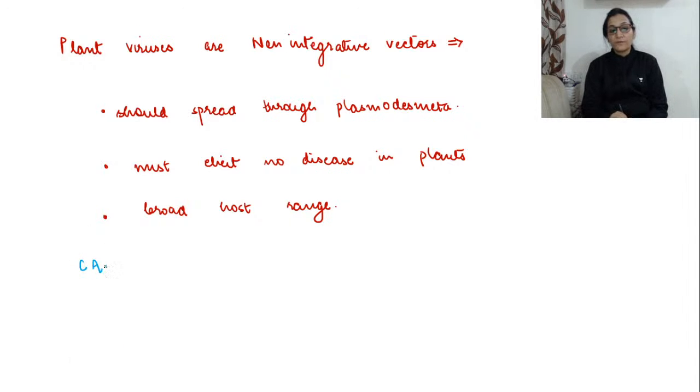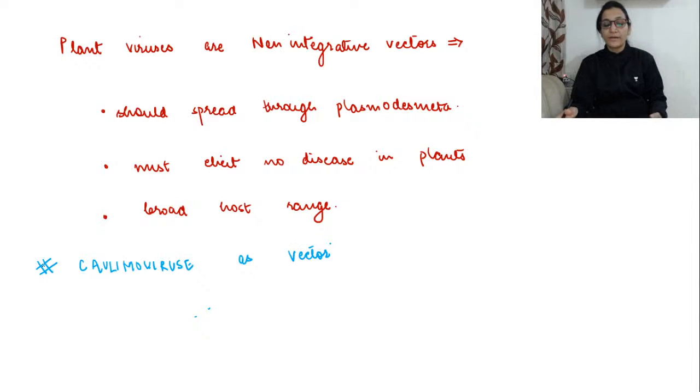So first is the cauliflower mosaic vector. Sorry, it's not cauliflower, it is caulimovirus as vector.